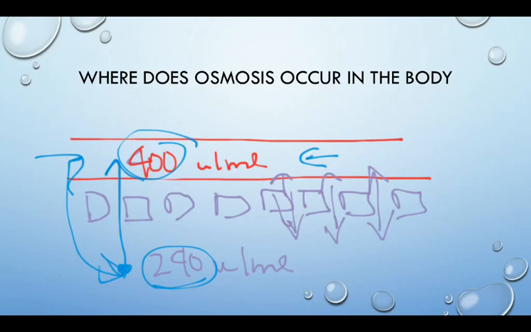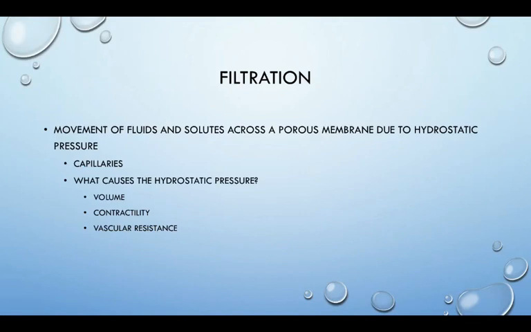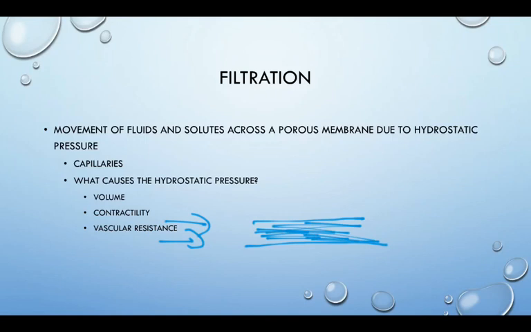Okay, we'll talk about other places when we start talking about fluid imbalances, and further on when we start talking about pathophysiological processes. Now, filtration is, I want you to think about this. If you're filtering something under pressure, you have a hose, okay, and a pump is putting pressure on the fluid in that hose.